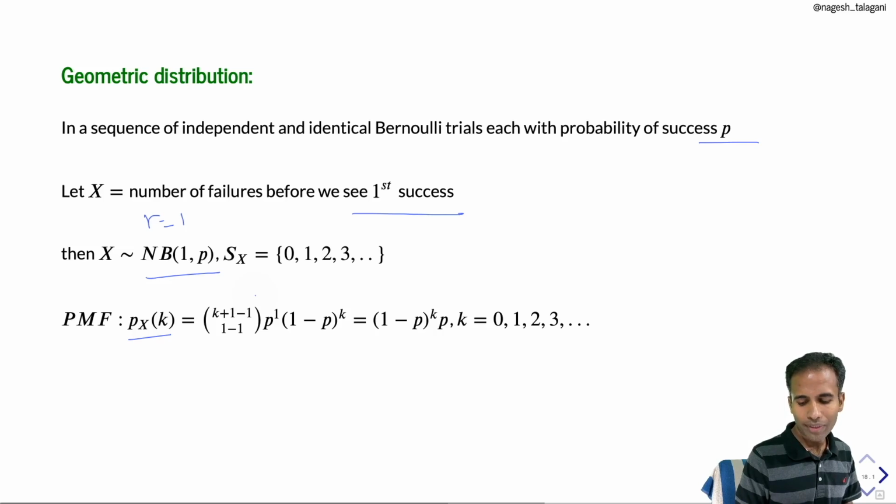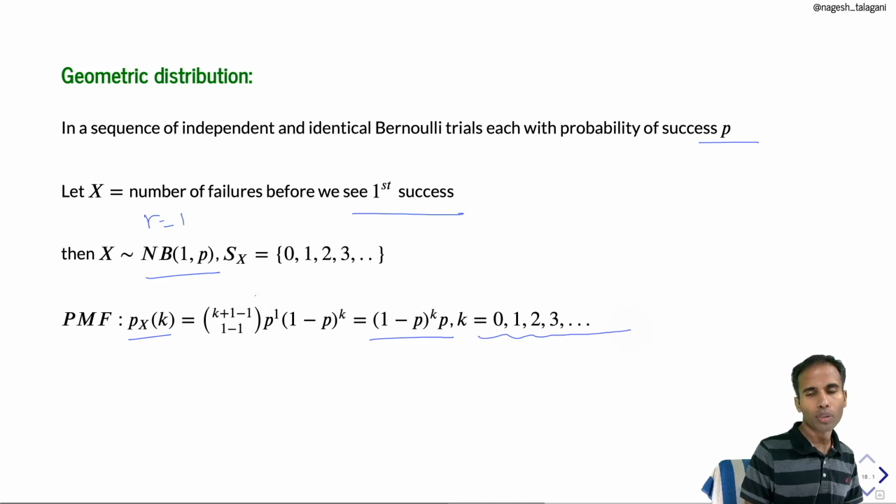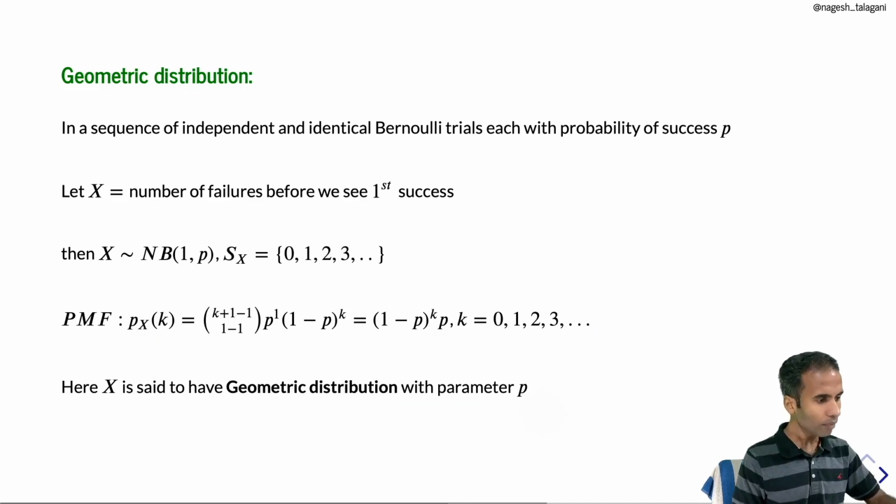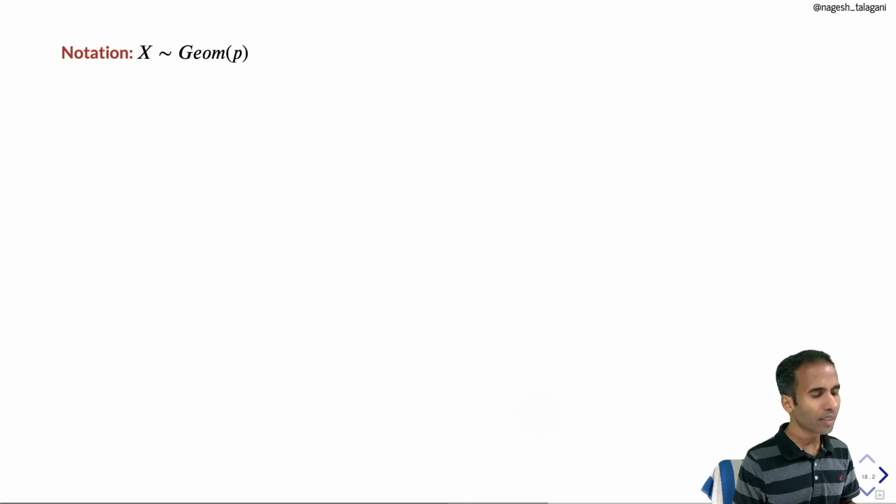This whole thing simplifies to (1 minus p)^k times p for k equal to 0, 1, 2, 3, and so on. Here X is said to have a geometric distribution with parameter p. We have a notation here for the geometric distribution. We read it as X follows a geometric distribution with parameter p.